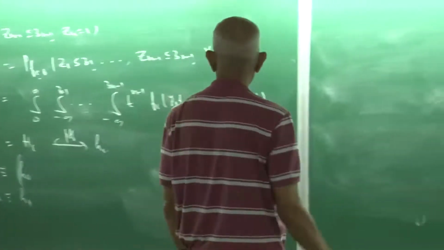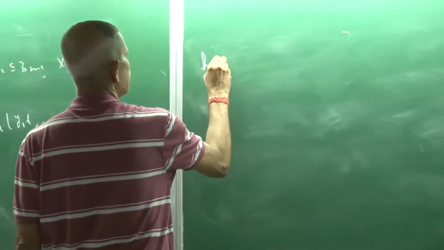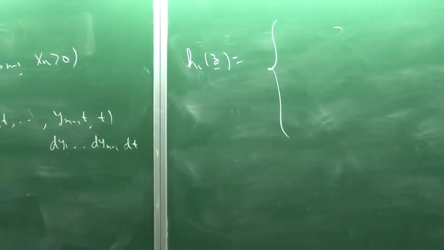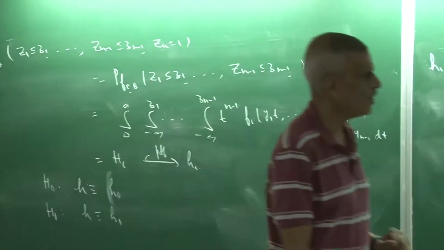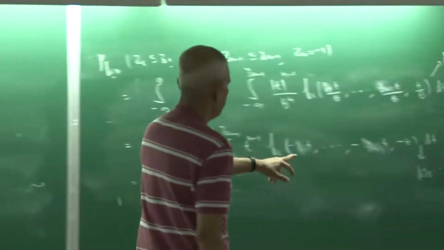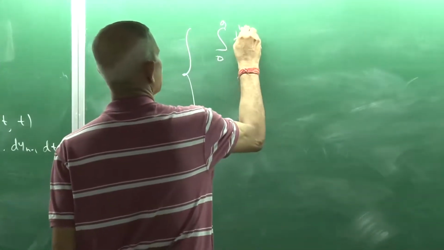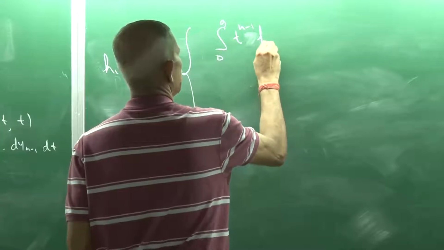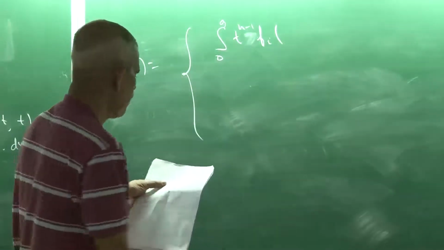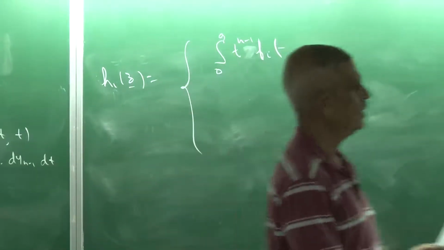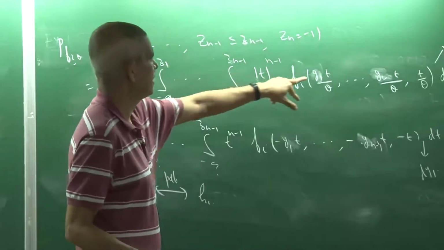Now one thing is, I need to write down my PDF hi of z. Of course, it will depend on whether zn is plus 1 or zn is minus 1. So this is the same as 0 to infinity t to the power n minus 1 Φ of minus z1 t, and so on, because when I talk about density, I have to integrate with respect to z1, z2, ..., zn minus 1.